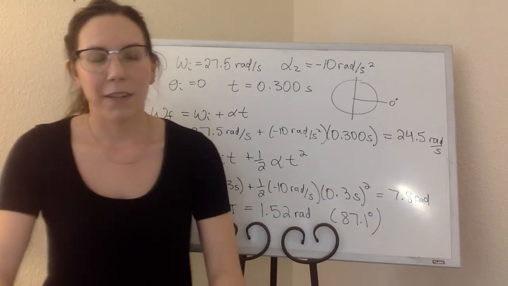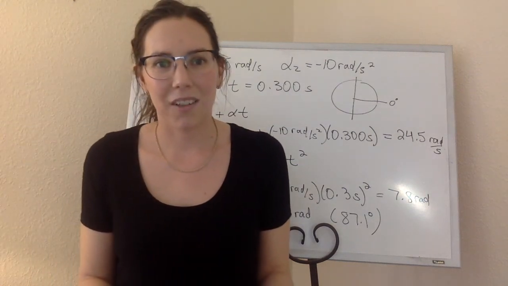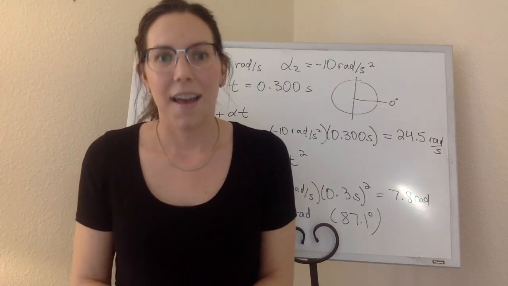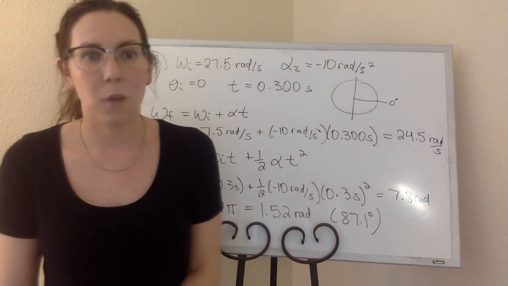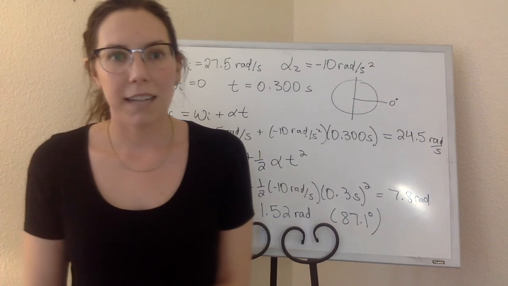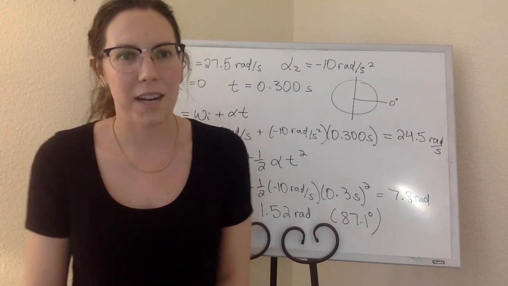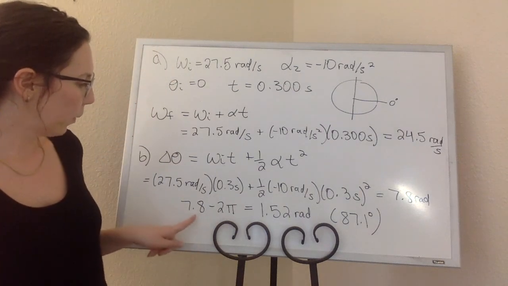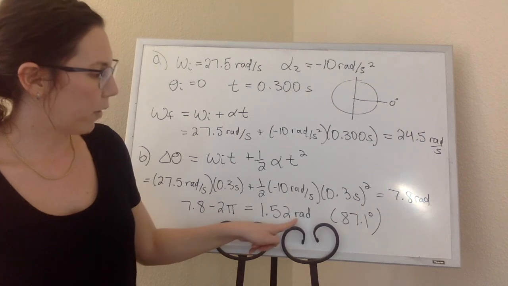Now you could leave your answer as 7.8 radians, but since we want the angle of that line to the x-axis, we should subtract. 7.8 radians is greater than 1 revolution. 2 pi is about 6.28 radians. So we'll do 7.8 minus 2 pi, which is 1.52 radians.